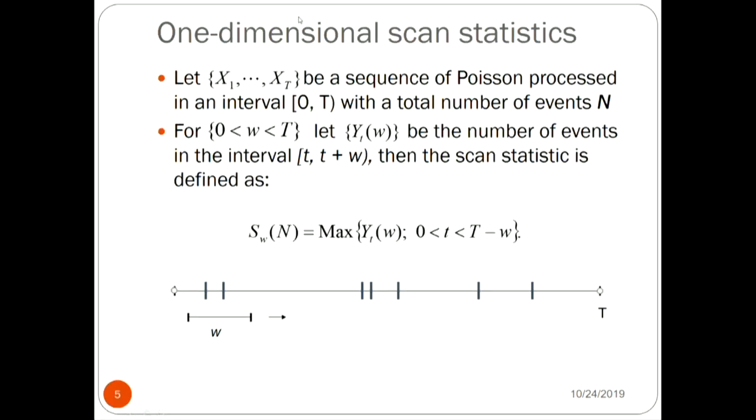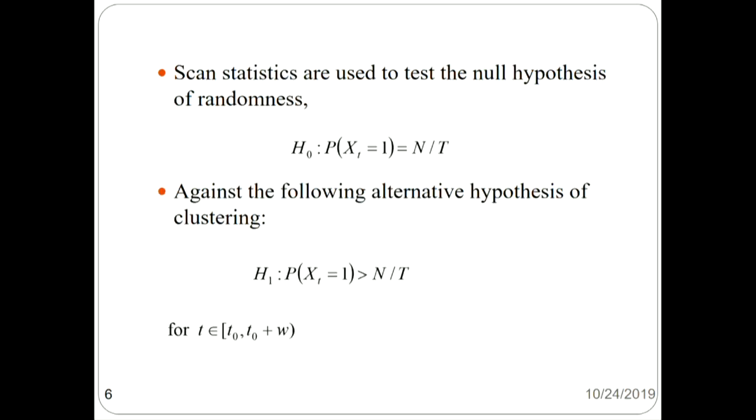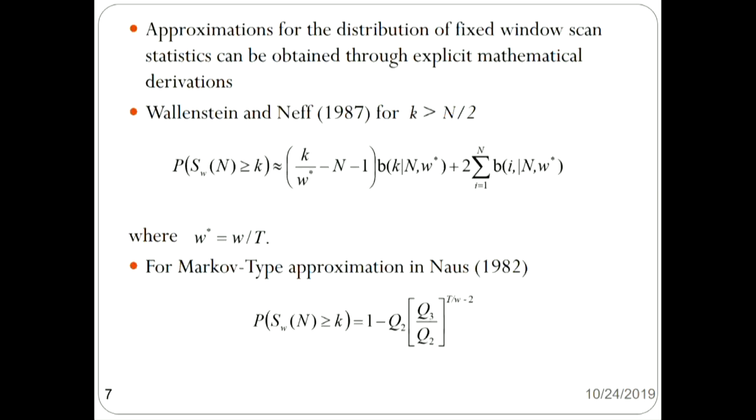The scan statistic is defined as the maximum number of events over the time interval from 0 to t. If we know the distribution of the scan statistic, whenever we observe the number of events in a window of length W, we should be able to calculate the tail probability of the scan statistic.